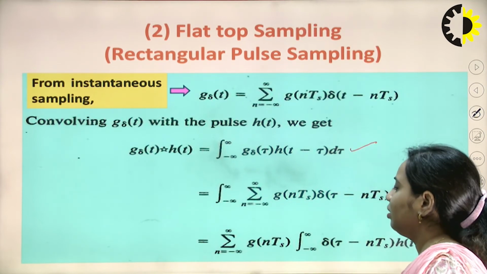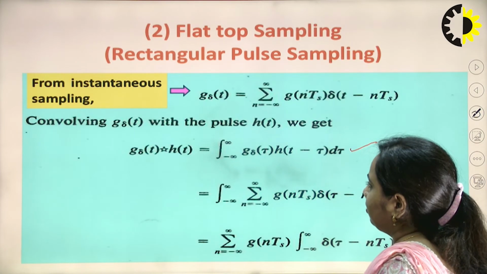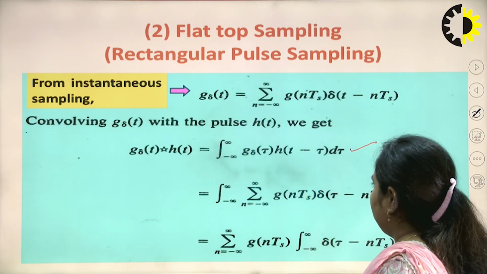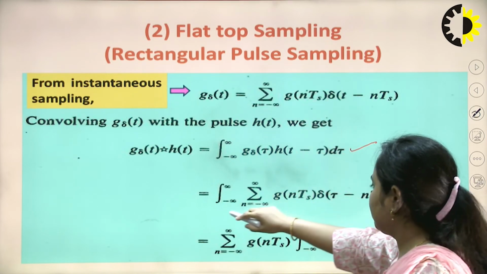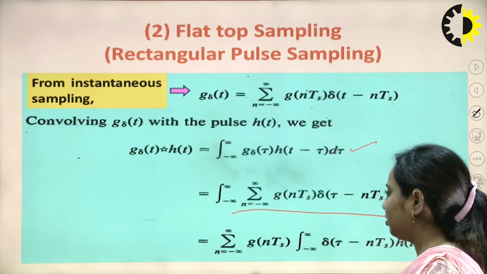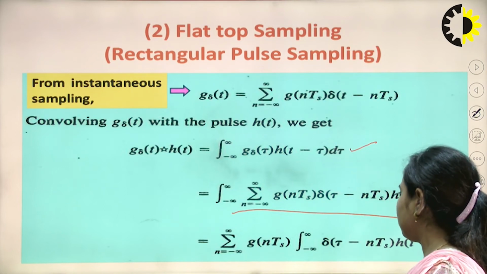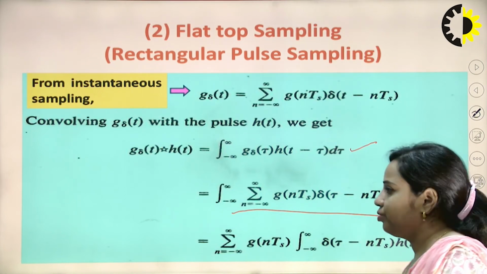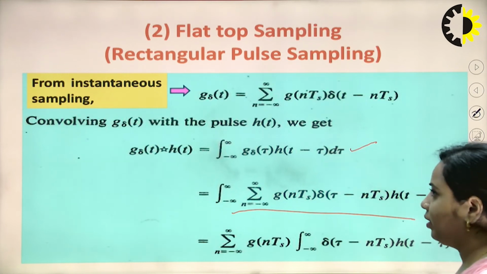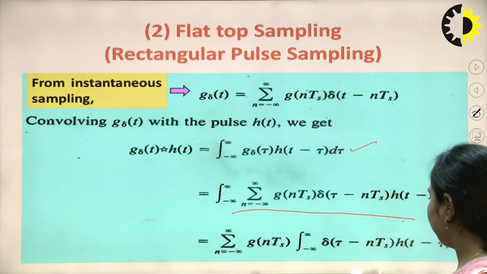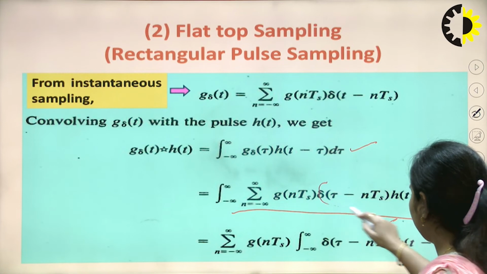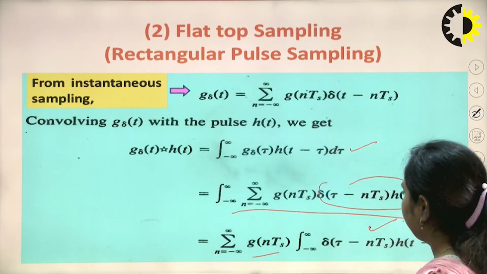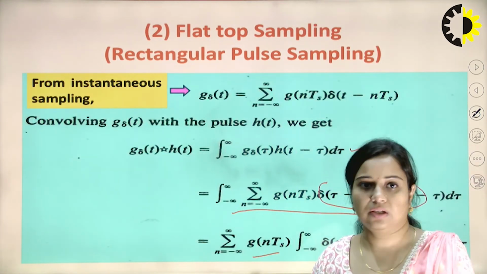Putting in the value of g_delta(t) from this equation, we have the integral and summation of g(nTs) delta(tau minus nTs) h(t minus tau) d tau, which we can solve by integrating and summing over g(nTs).